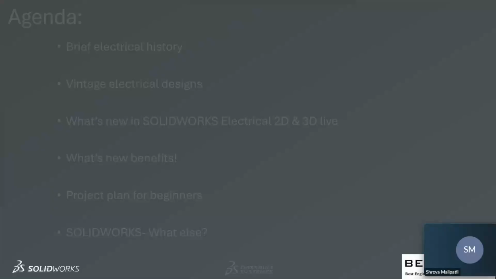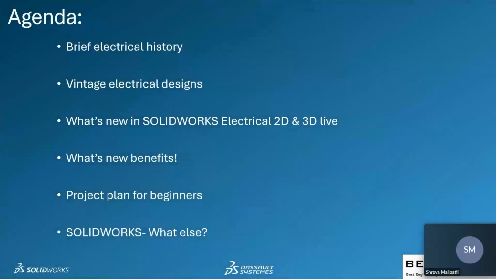Today we'll first go through our agenda. You can see a brief history of electrical. I just want to start off with a little bit of nostalgia. Then we will look at vintage electrical design, how they used to do it before. Then we'll move on to what SOLIDWORKS has brought into the industry as of now. Then we will look into the new features in SOLIDWORKS Electrical 2D and 3D in a live session.